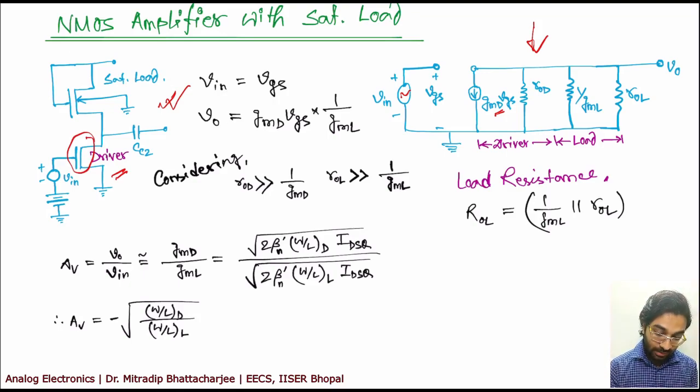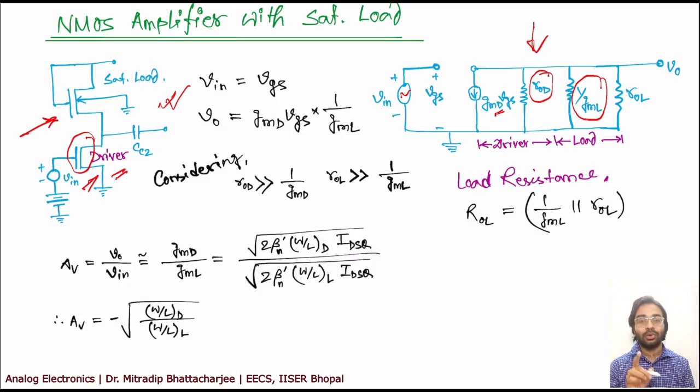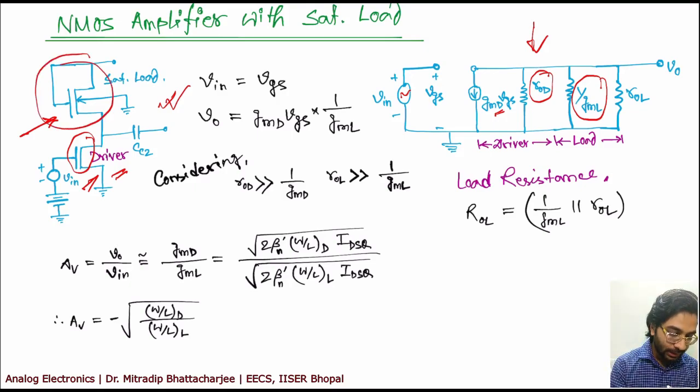So it is GMD VGS, and ROD means output resistance of the driver's NMOS. Then you have 1 by GML. What is this? This value is from the load. This load is also an NMOS, so it has a transconductance. So this will act as a load to the circuit, because this part will again be grounded for AC, right?